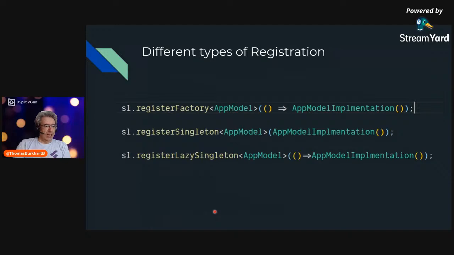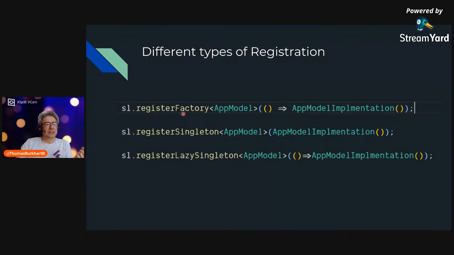Then I have different types of registration. The very first one, the one that we just saw, is register singleton, which registers one object that I can access every time. I can also register a factory if I have a class where I need multiple instances during my app runtime.